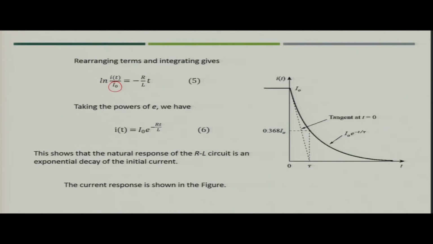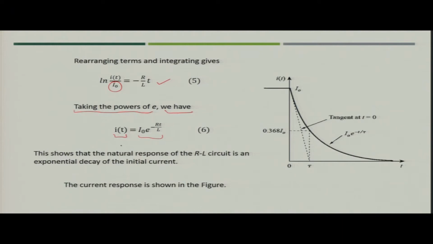This becomes ln i divided by I naught equal to minus R by L t. Next, we take the powers of e on both sides, and we get the current, a function of t, as i(t) equal to I naught into e to the power minus R t by L.